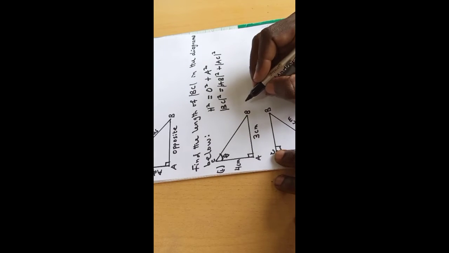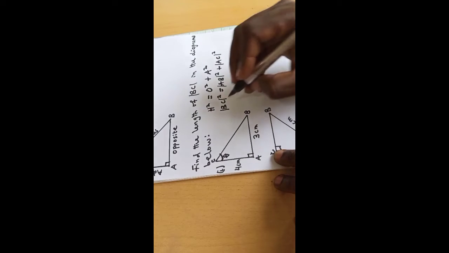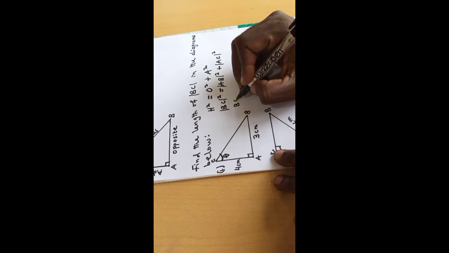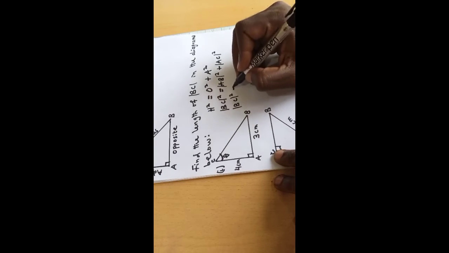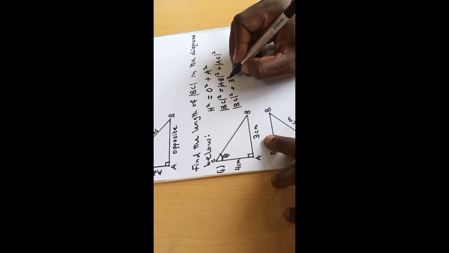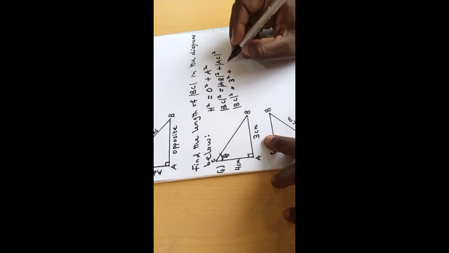So BC squared will be equal to our AB, which is 3. So 3 squared plus our 4 squared.